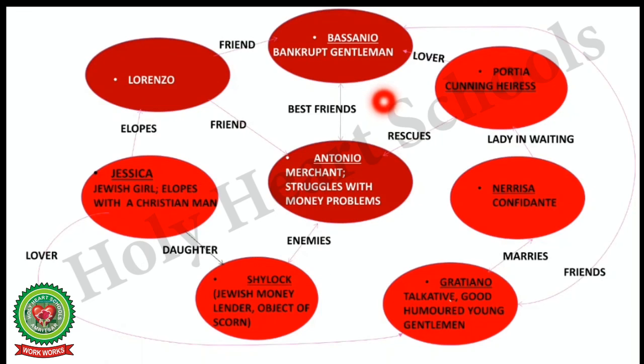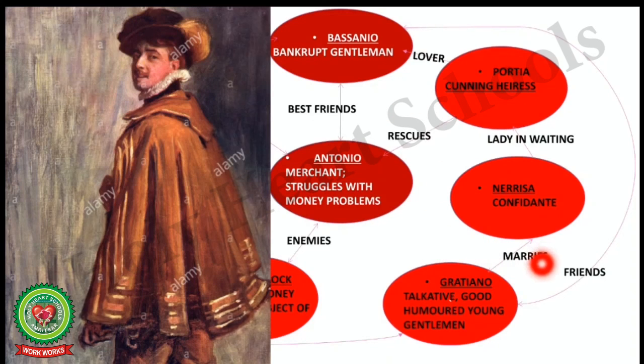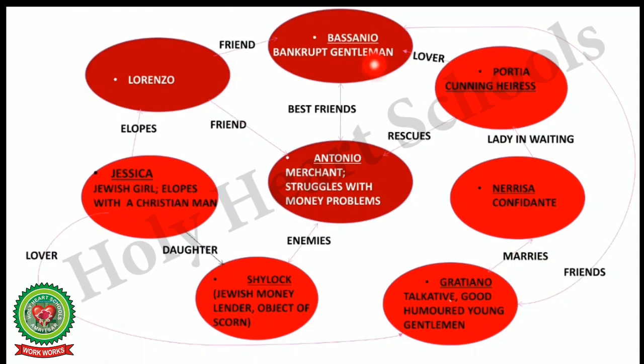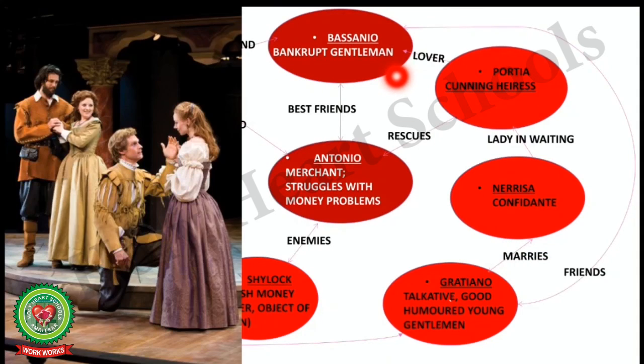After this, Bassanio takes money and goes to Belmont with his friend Gratiano. Students, Gratiano is a talkative, good-humored young gentleman and a very good friend to Bassanio.